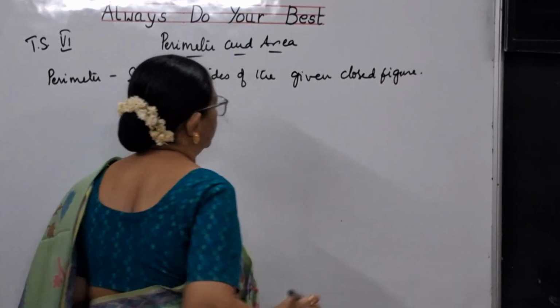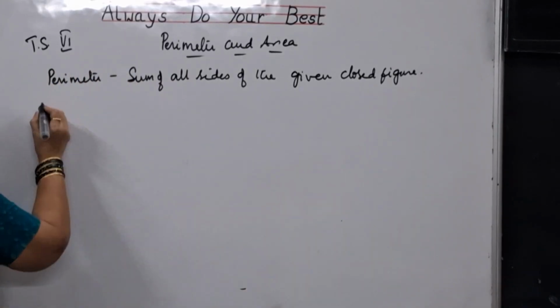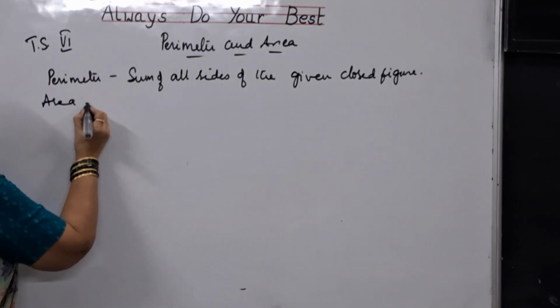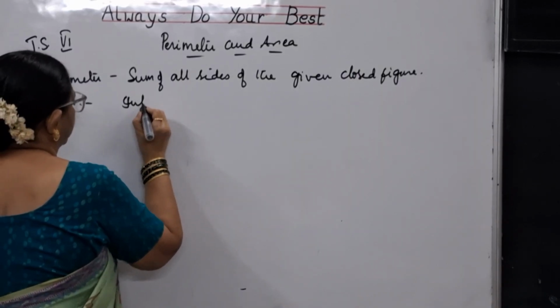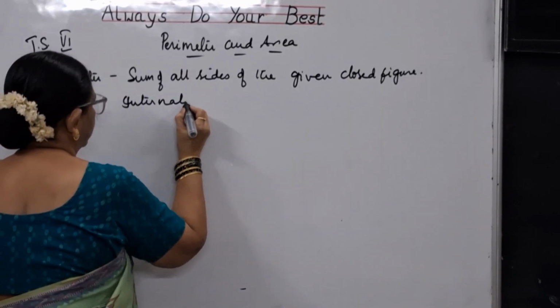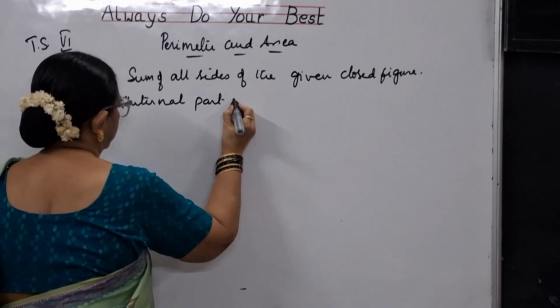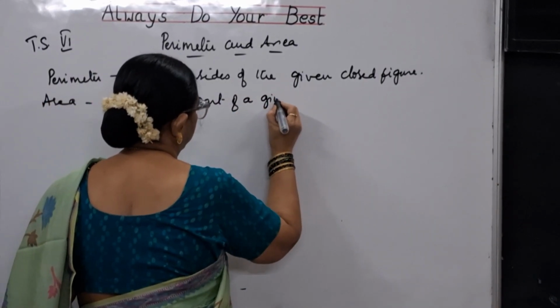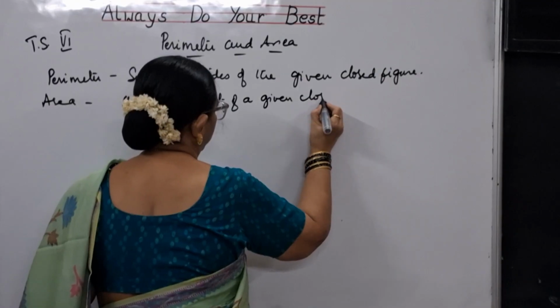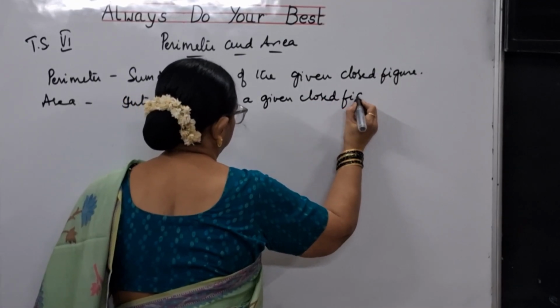It will give you the perimeter. And what is area? It is nothing but the internal part of a given closed figure.